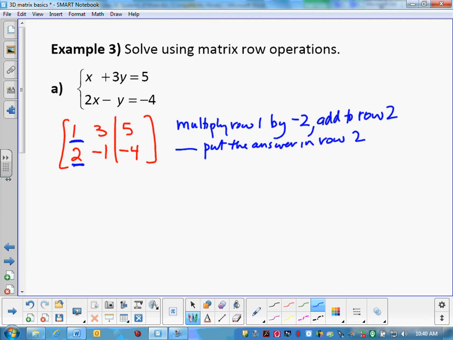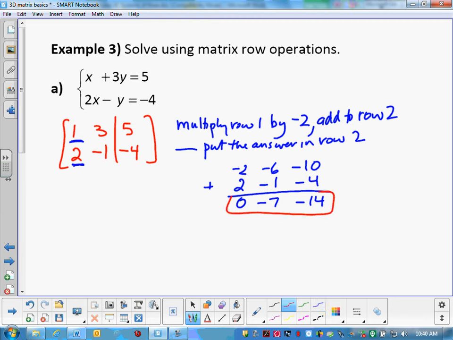All right, so I'm going to do this kind of over here to the side. So multiply row 1 by -2, so that gives me -2, -6, -10. I'm going to add it to row 2, so just as it was, 2, -1, and -4. So I'm going to add it. I'm going to get 0, -7, and -14.